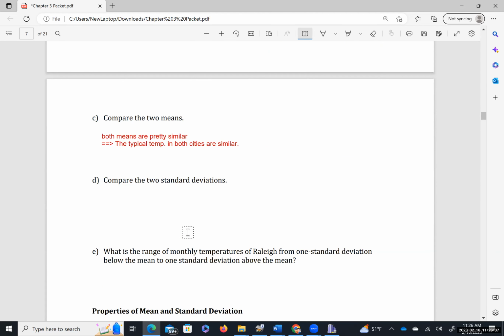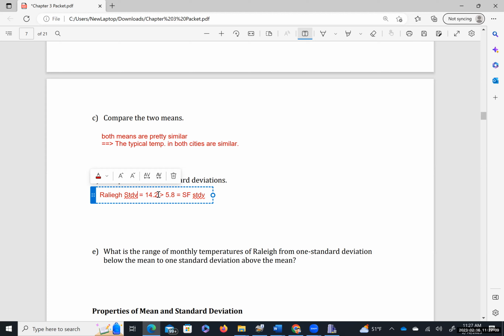I want to say Raleigh has a standard deviation of 14.2, which is much greater than 5.8, the standard deviation of San Francisco.